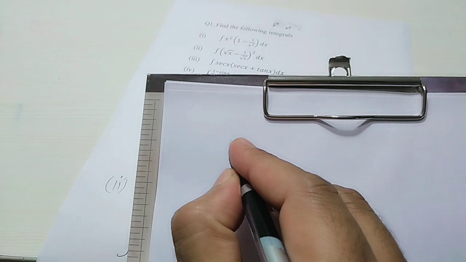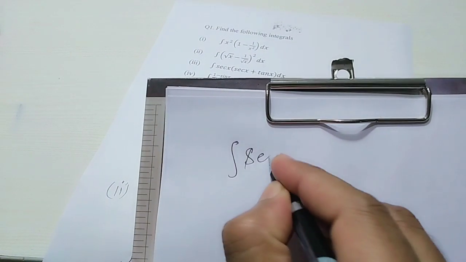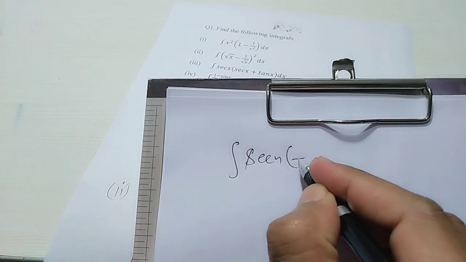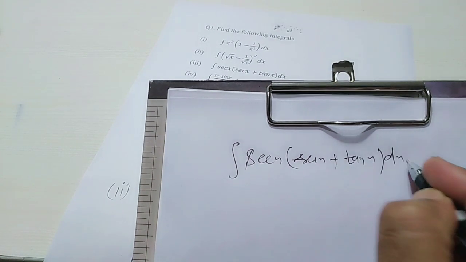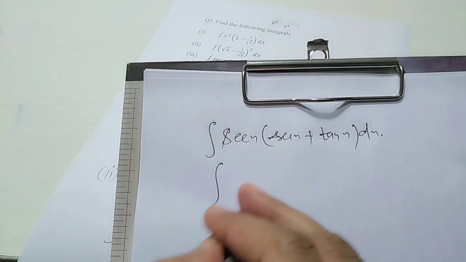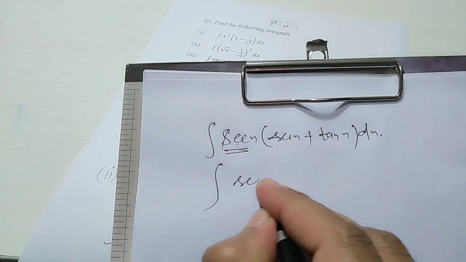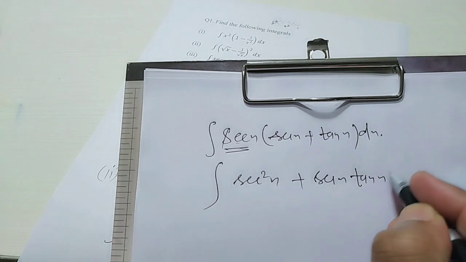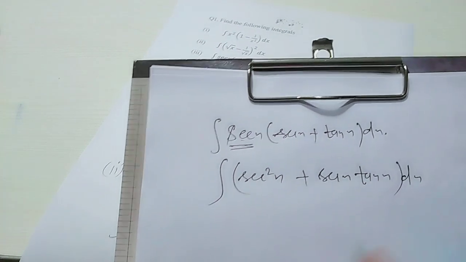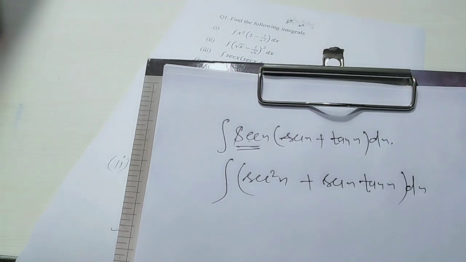Next question is sec x into sec x plus tan x. First of all we will multiply these two inside, that is sec square x plus sec x tan x. Now we need to remember the formula.